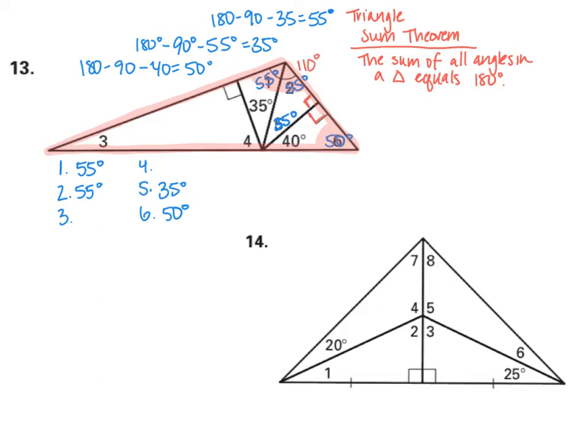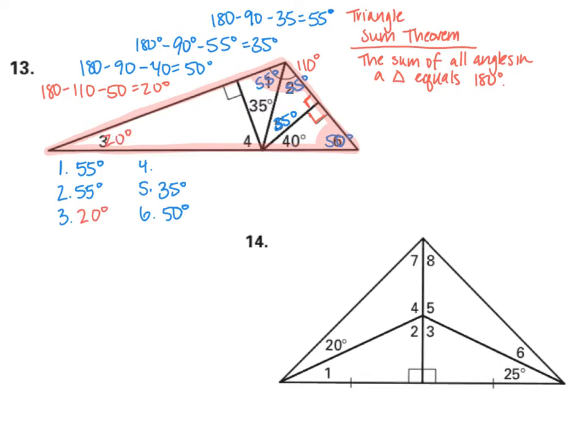And now we're just missing angle 3. So we can continue to use the triangle sum theorem. 180 minus 110 minus 50 equals 20 degrees. And that gives us angle 3.